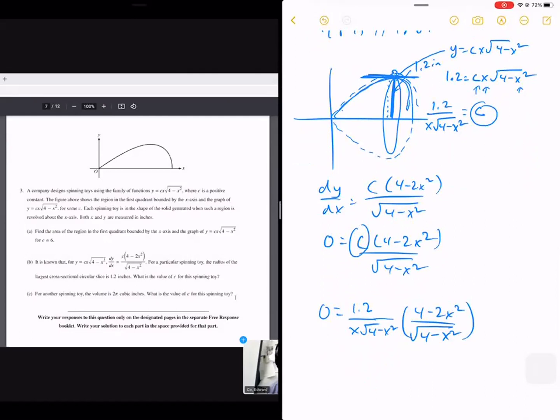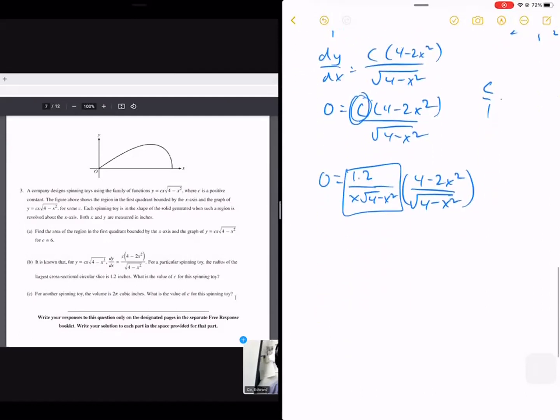It is in the numerator, but it's like C over 1. If you remember, 3 over 2 is the same as 3 over 1 times 1 over 2. So I just stuck the c here.